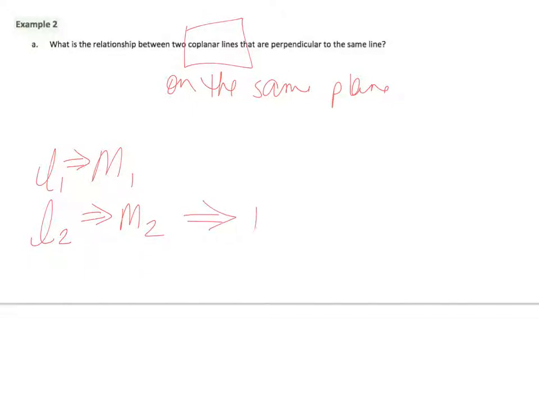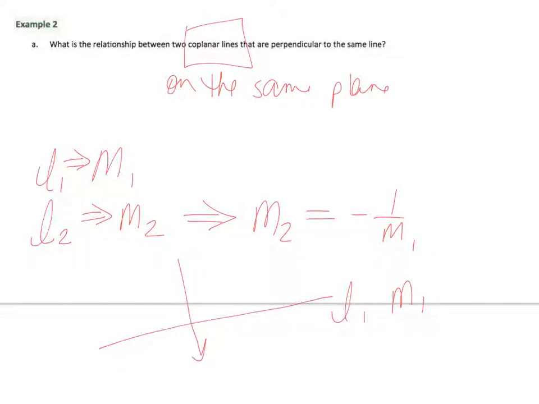This just means that m2 is equal to the negative opposite reciprocal of m1. So line 1 has a slope of m1 and line 2 has a slope of negative 1 over m1, opposite sign reciprocal.